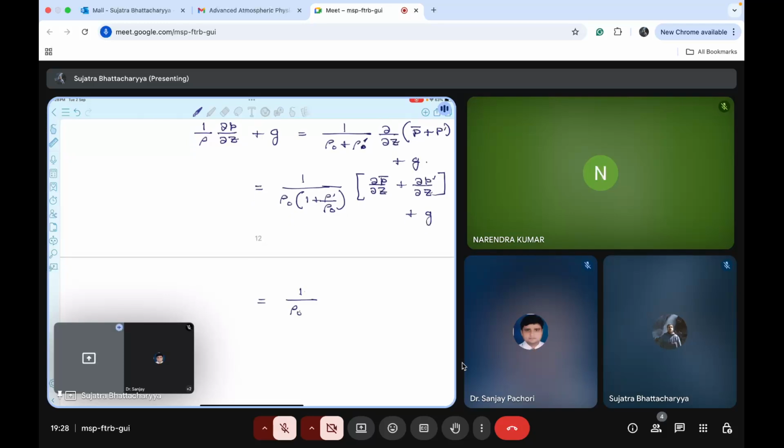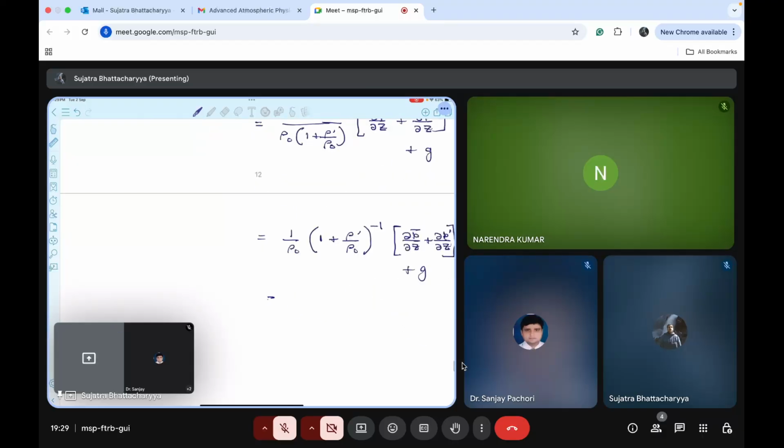We will use the binomial expansion, and hence we can write this as 1 by rho naught, 1 plus rho dash by rho naught to the power minus 1, delta p bar by delta z plus delta p dash by delta z plus g. Using binomial expansion and neglecting higher order terms, we can easily write this as minus rho dash by rho naught.